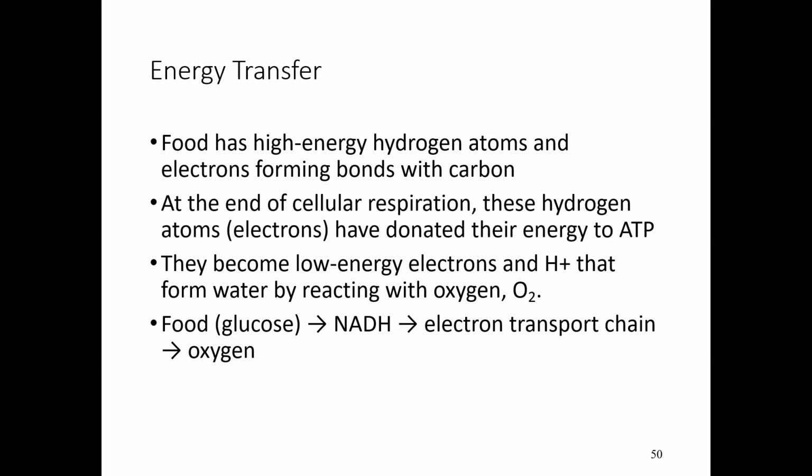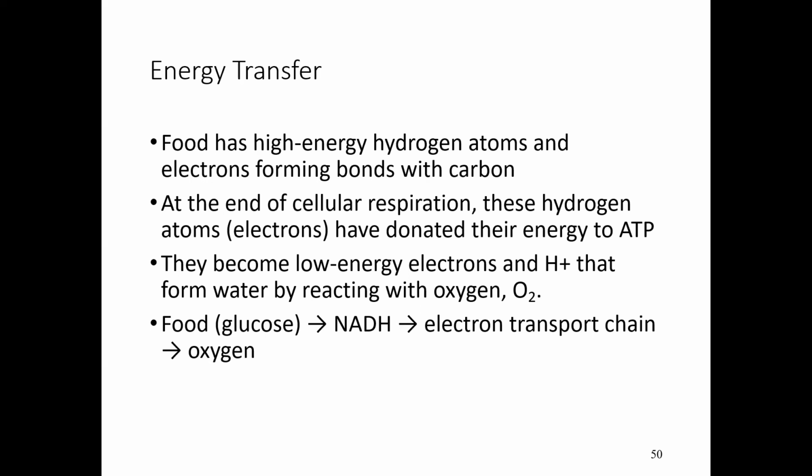They have lots of potential energy. And they've got their hydrogen ions with them. So we have lots of hydrogen atoms bonding with carbon, lots of high energy electrons. And we can use those high energy electrons to do things.